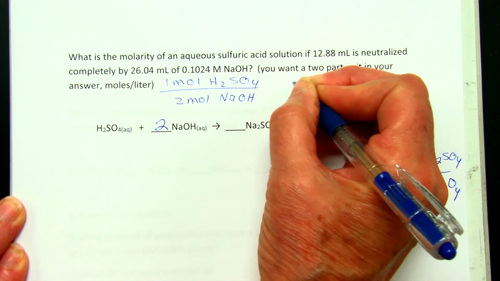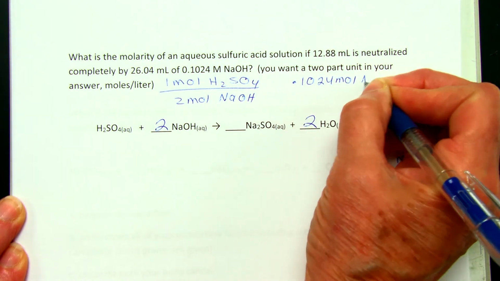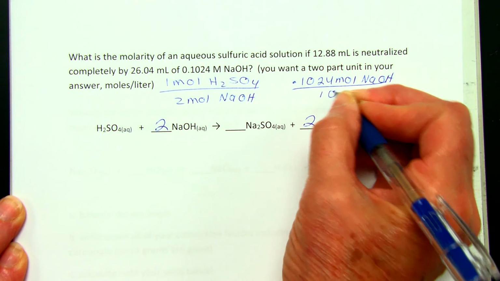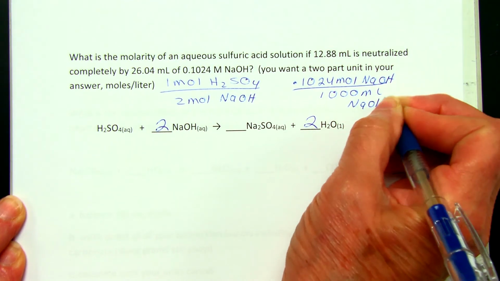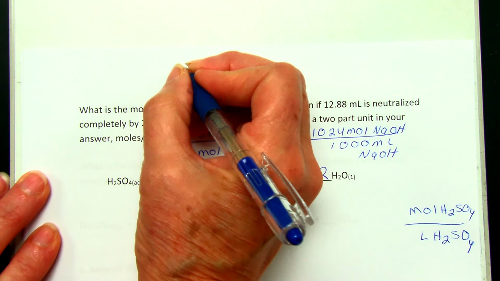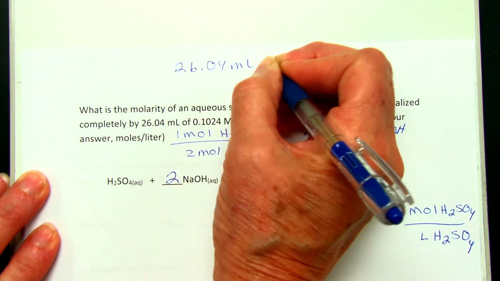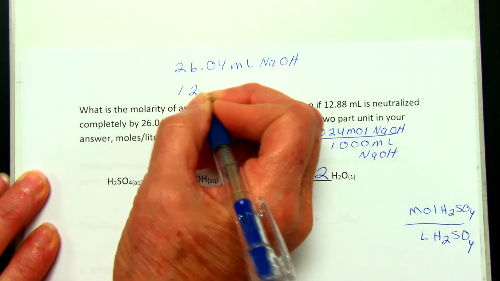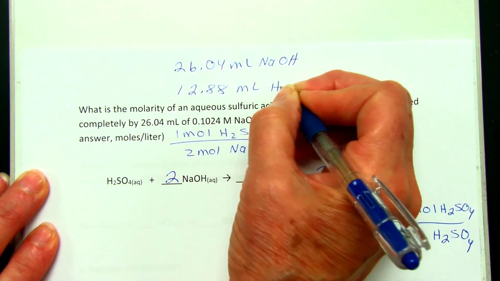And I know that it's 0.1024 moles of sodium hydroxide per 1,000 milliliters of sodium hydroxide. I know that I have 26.04 milliliters of sodium hydroxide, and I have 12.88 milliliters of sulfuric.